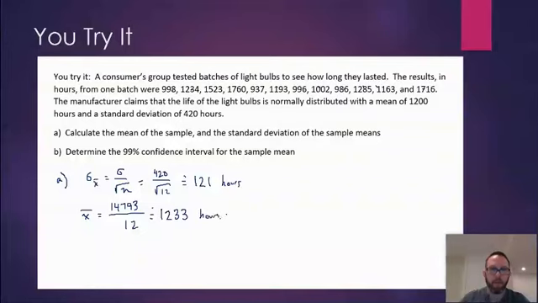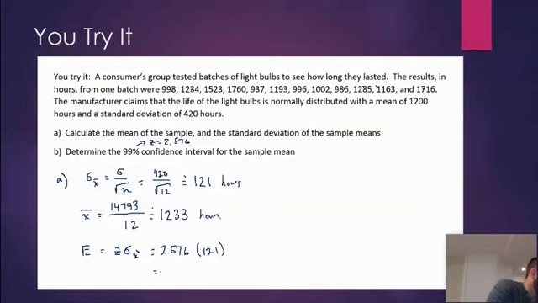All right, and our 99% confidence interval. So for 99%, we are using Z equals 2.576. So we'll calculate our margin of error. That'll be our Z times sigma x bar, 2.576 times 121. So that is about 312 hours.